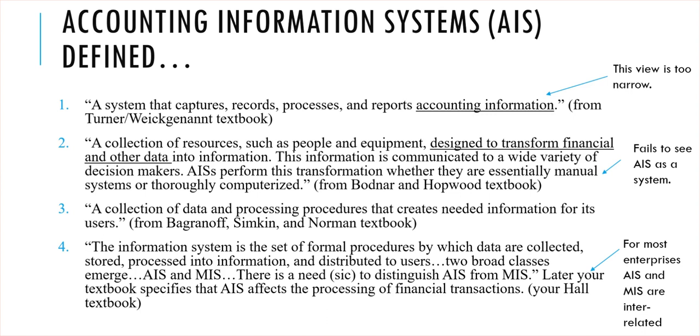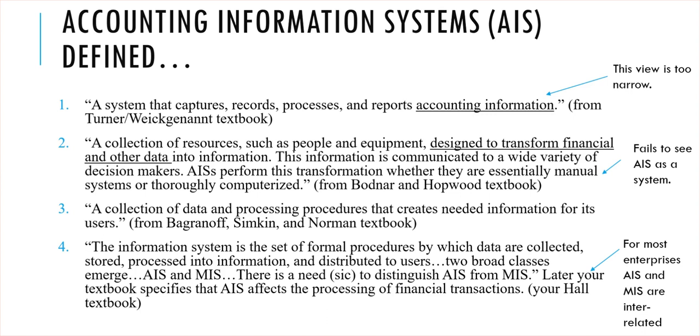But a fundamental problem with this textbook is that it says we need to think about AIS, accounting information systems, and management information systems as separate. And my point to the right here is that for most enterprises, and that is the enterprises that are really run well, and we'll return to this concept later on, the AIS and the MIS are interrelated.